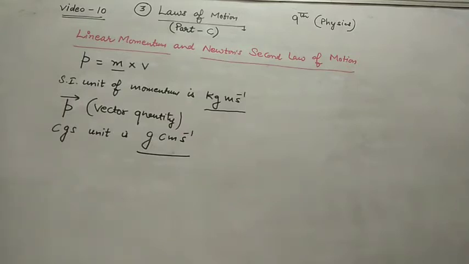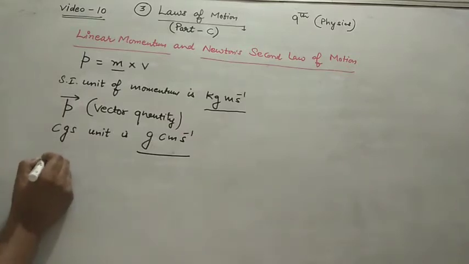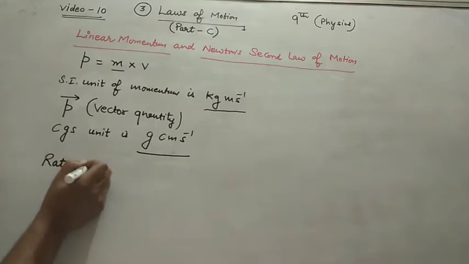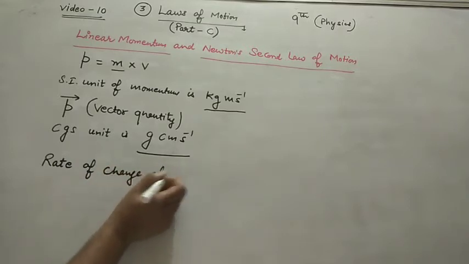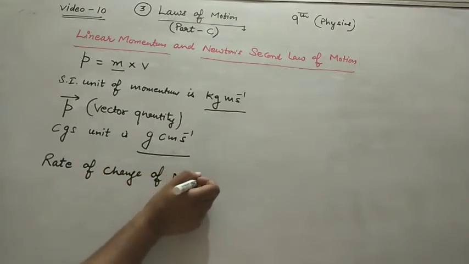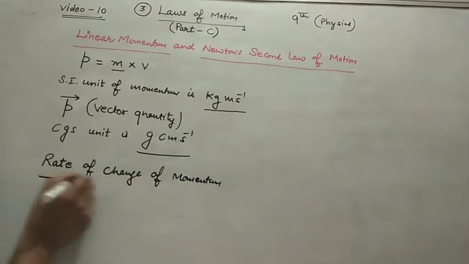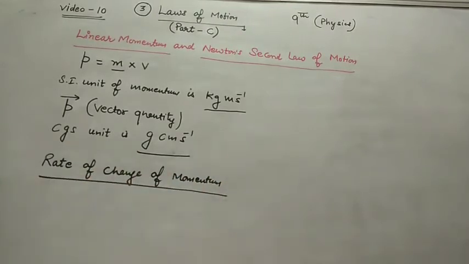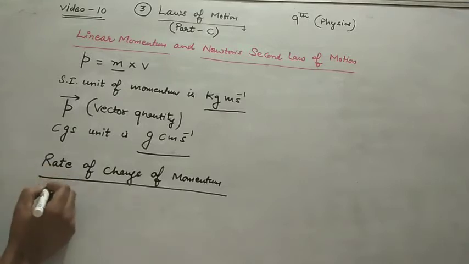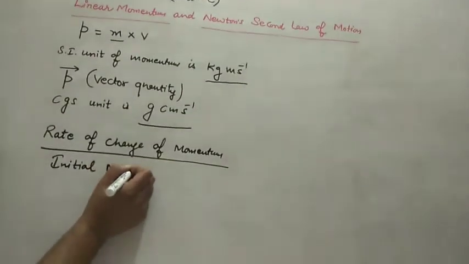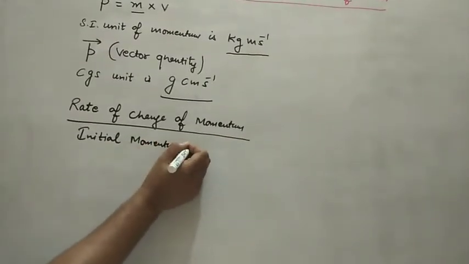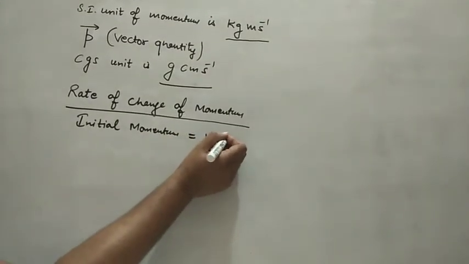Now we'll do one small derivation, that is the rate of change of momentum. Let a body of mass m be initially moving with velocity u. So the initial momentum of the body will be mu.